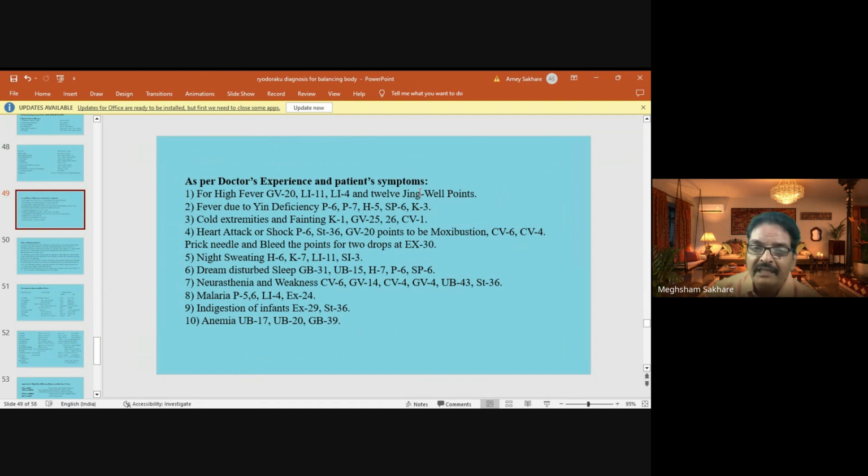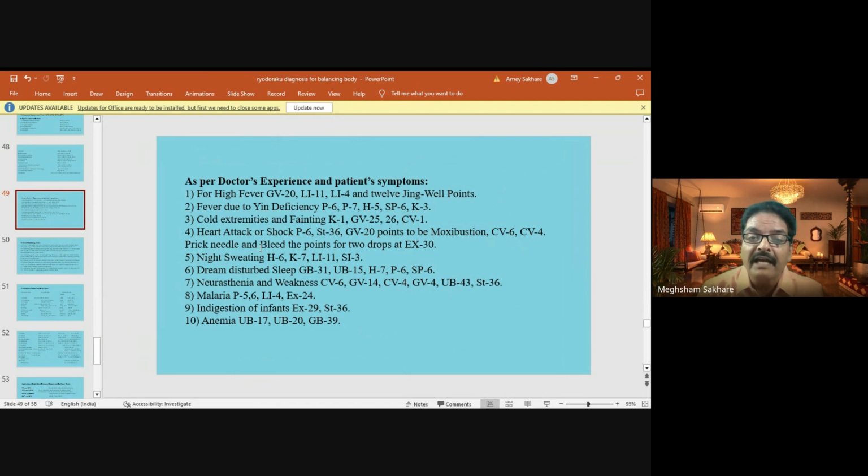Fever due to yin deficiency: P6, P7, H5, SP6, K3. Cold extremities and fainting: K1, GV25, 26, CV1. Heart attack: P6, stomach 36, GV20, points to be moxibustion, CV6, CV4.